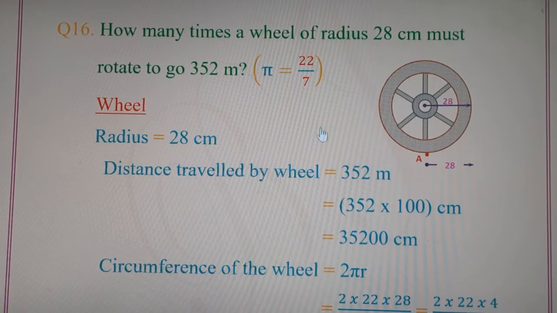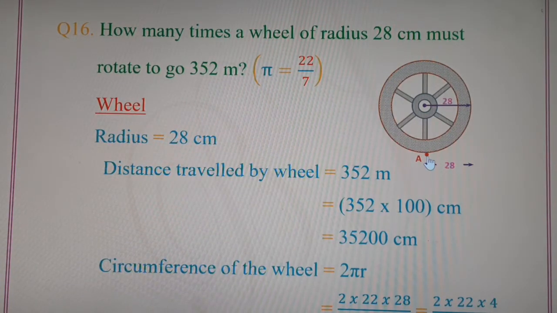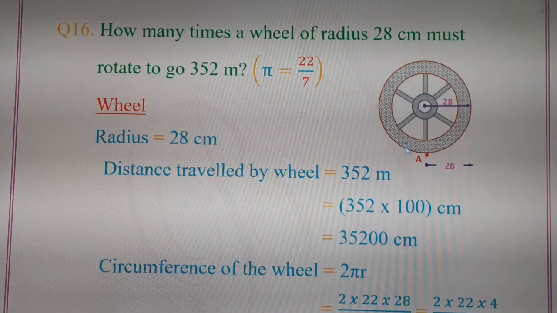Now we have to find out how many times the wheel is rotating. But like I said, children, in one rotation the wheel is traveling a distance of 1 circumference. In the diagram I have written a point A. When the wheel is rotating, this point A will go around and then come back to the same point. That means the wheel is also moving forward.